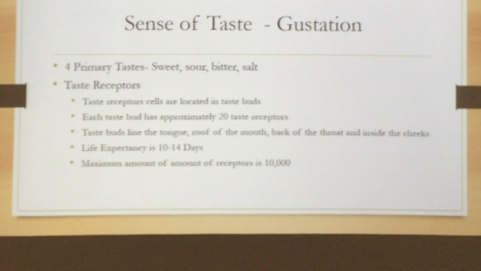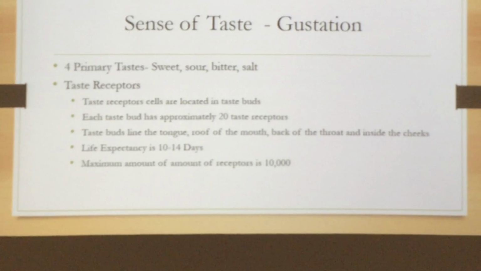Each taste bud has approximately 20 taste receptors. Taste buds line the tongue, the roof of the mouth, the back of the throat, and inside the cheeks. Life expectancy of a taste receptor is about 10 to 14 days.